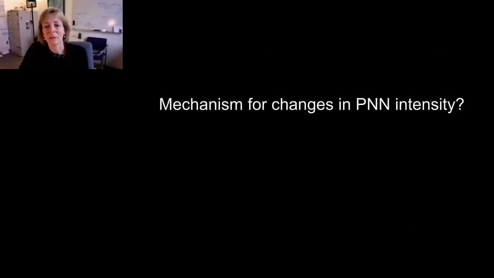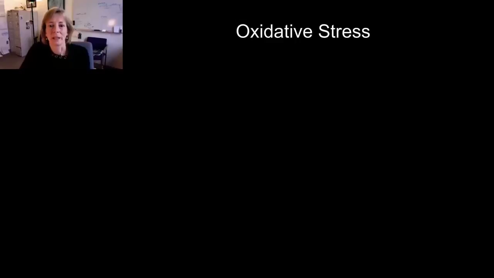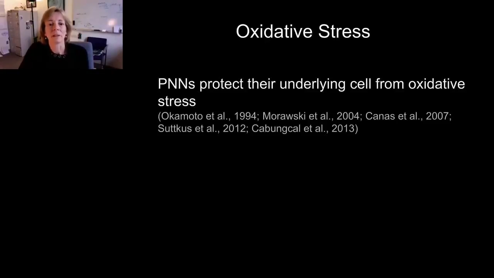So then we just have started to look at the potential mechanism for changes in intensity. And for this, we've looked at oxidative stress as a mechanism. The reason that we did this was that there's some evidence that perineuronal nets protect their underlying cells from oxidative stress.